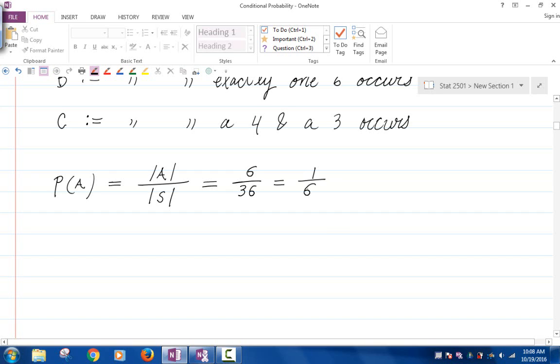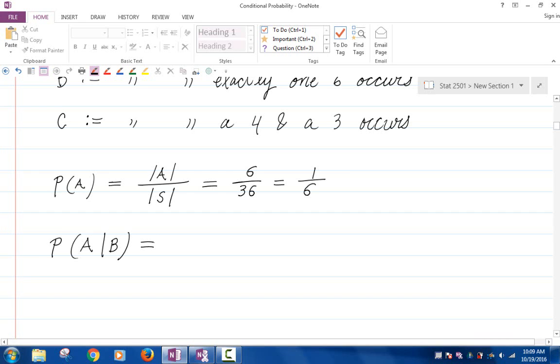Okay, so what's the probability of A conditioned on B? What's the probability of A given B? Well, it's the probability of A intersect B relative to the reduced sample space B, right?